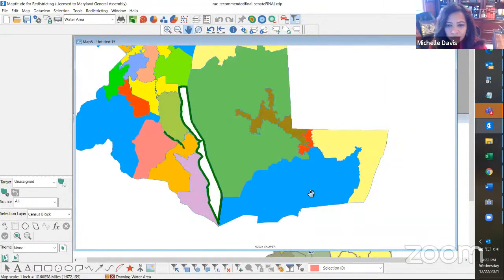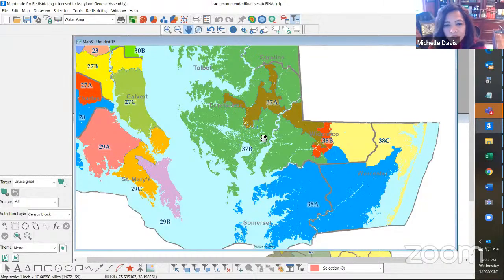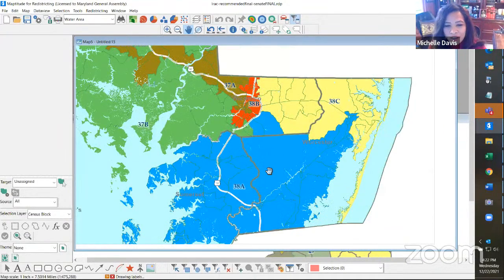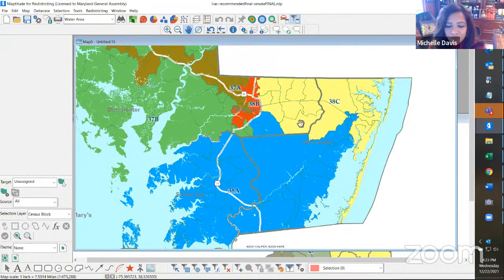And sort of the opposite problem here. Not enough growth or population in these far eastern counties, Worcester, Somerset. So 38C had to move further west.